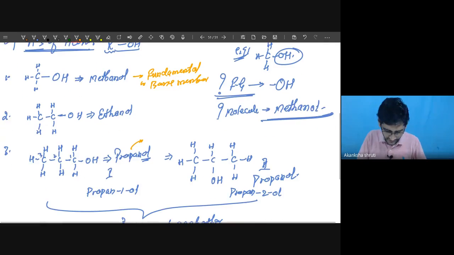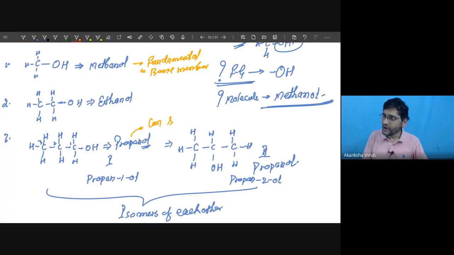Okay, so this is the can show, meaning propane onwards there will surely be isomerism.